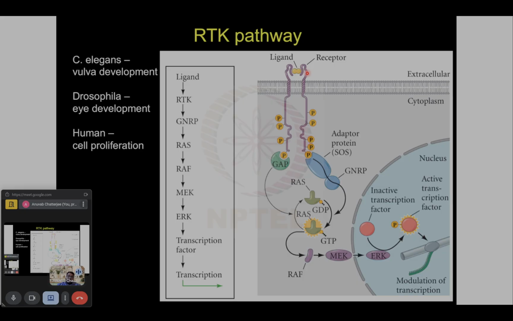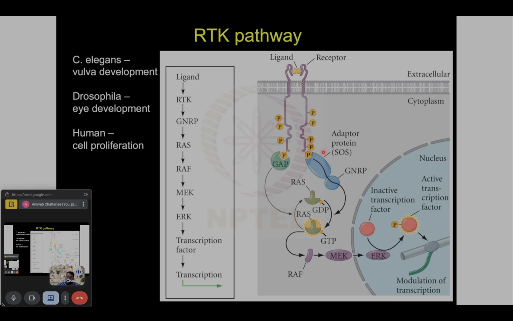So this receptor is a dimer, and it will start phosphorylating the serine or tyrosine residues on both arms of the receptor. These receptor intracellular domains will in turn phosphorylate and cause the signal to go downstream.